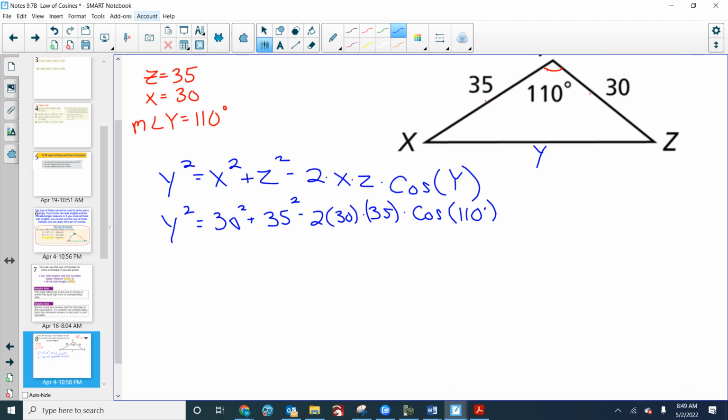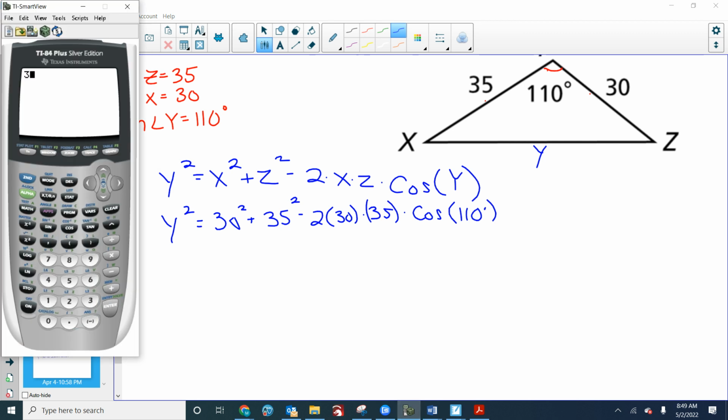I can see you guys are anxiously typing things in. Here we go. 30 squared. We're gonna type this in all at once. Plus 35 squared minus, not negative, minus 2 times 30 times 35 times the cosine of 110 degrees equals.